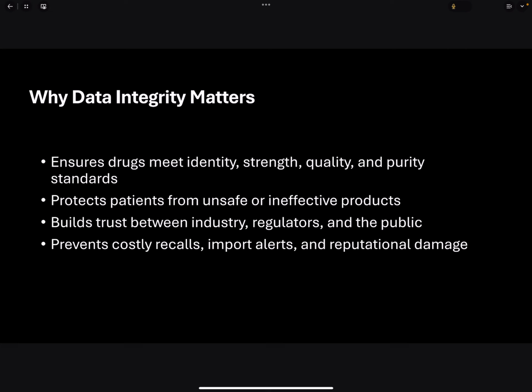If that trust is broken, the consequences aren't just regulatory, they are ethical. Our ultimate goal is simple: protect the patient through trustworthy data.